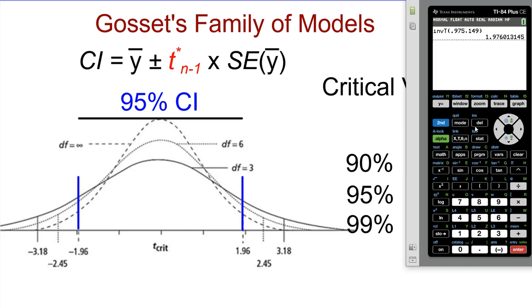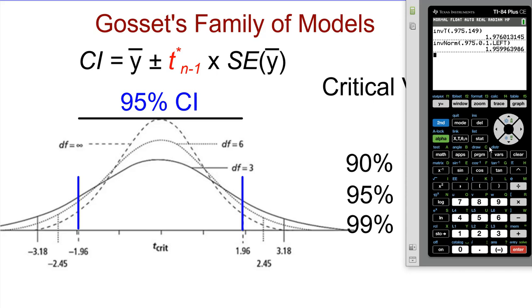Now, if we use the normal model, I'll go ahead and show that. So distribution, inverse normal, and I'll do it from the left so you can see how it was the same thing. Standard normal from the left, which normally we'd do from the center, but we didn't have that option, would give us the 1.96.